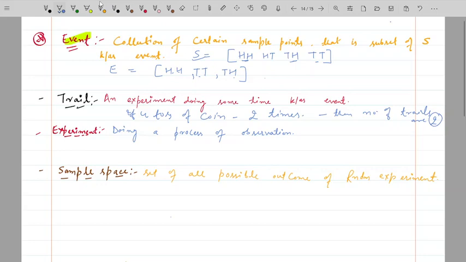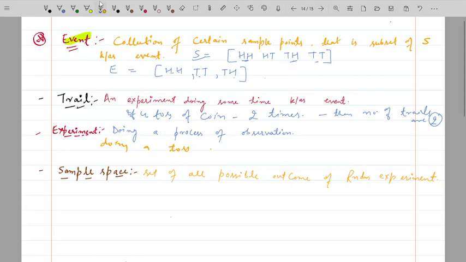And what is an experiment? An experiment is basically a process of observation, meaning doing a toss and observing what the sample space is, basically what the possible outcomes of that particular observation are. That is called an experiment.